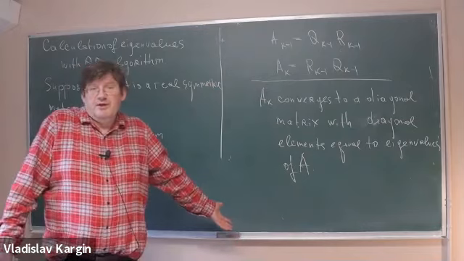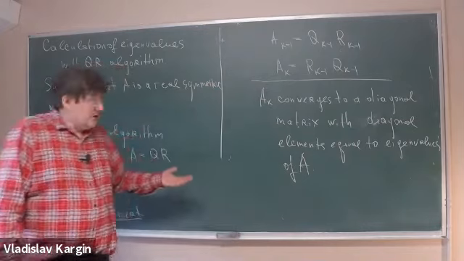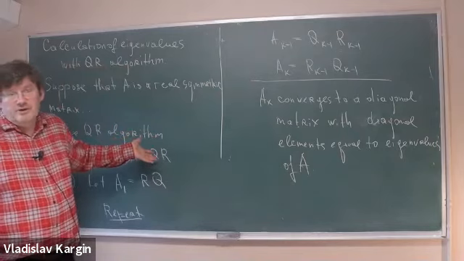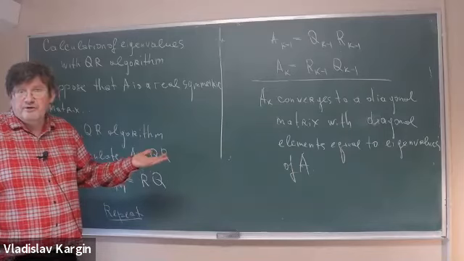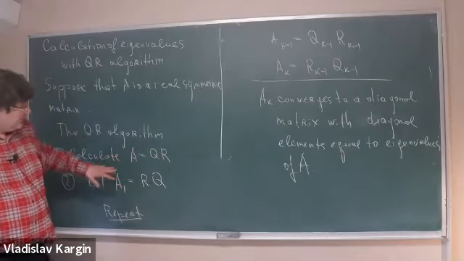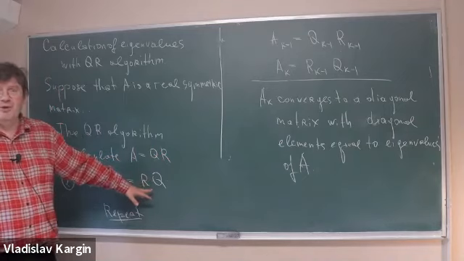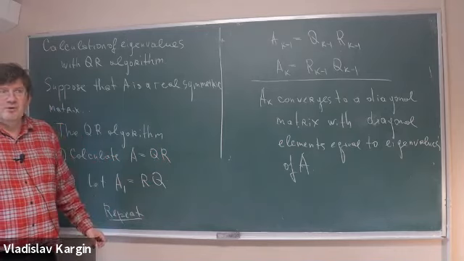These are the eigenvalues. If you want eigenvectors, they are easily calculable if you know the eigenvalues. Eigenvalues are the difficult part. You can read them off from Q, I think, if you take the sequence of the Qs.